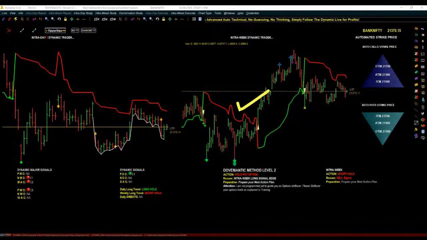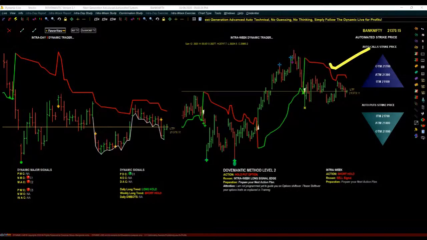It can change its color from red to green, from green to red. Whenever it turns green, it is telling you that the price trend is up. Similarly, whenever it turns red, it is telling you that the trend of the price movement is down. Just by looking at the color of the long signal, you will be able to understand whether the price is in an uptrend or in a downtrend.